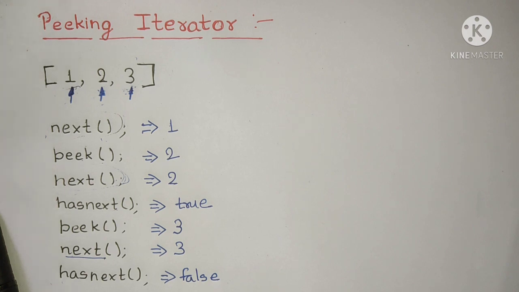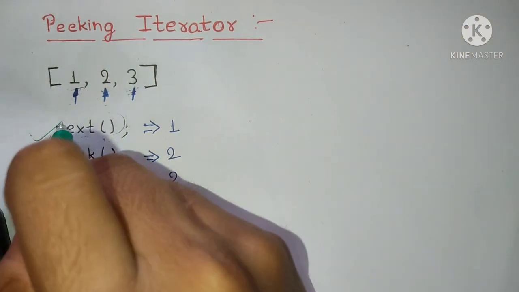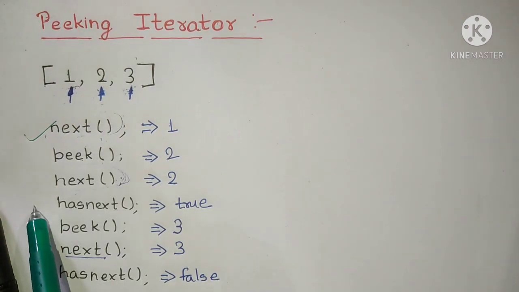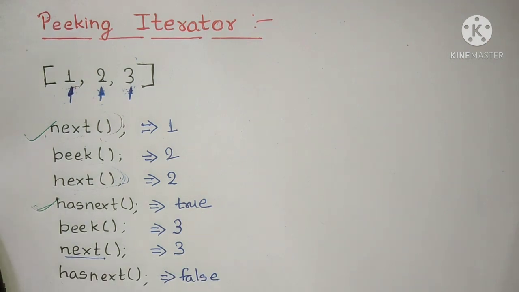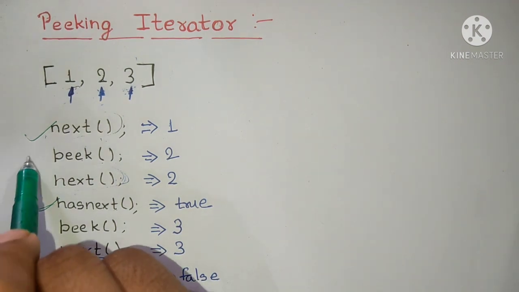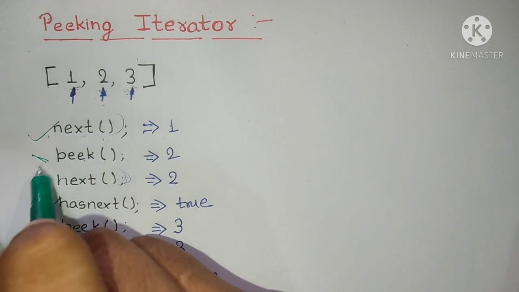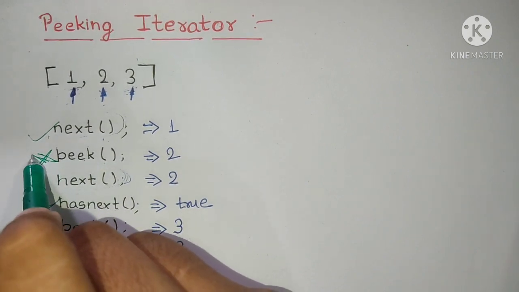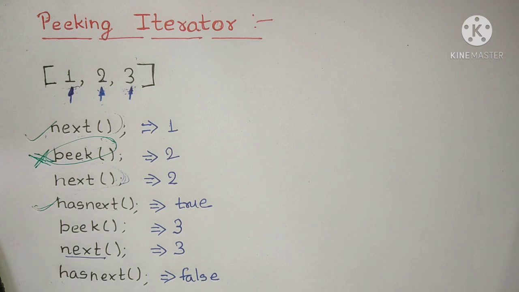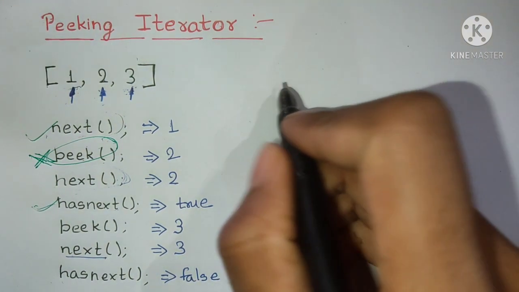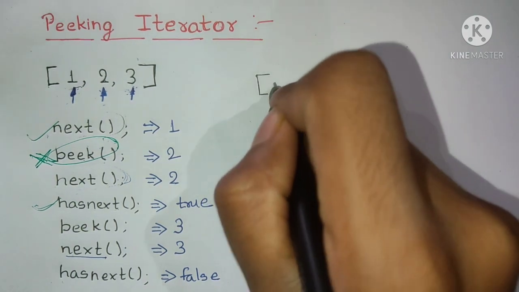Now in our question it is said that we are given this next and this hasNext function, but we are not given this peek function. We have to create the peek function. So how can we create it?